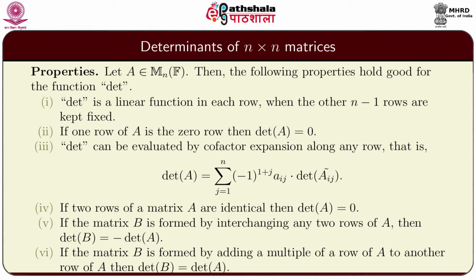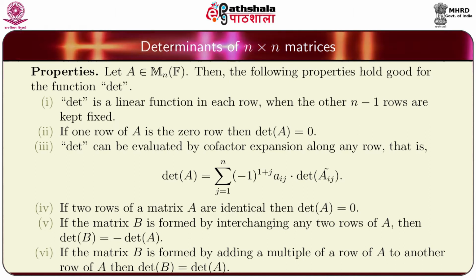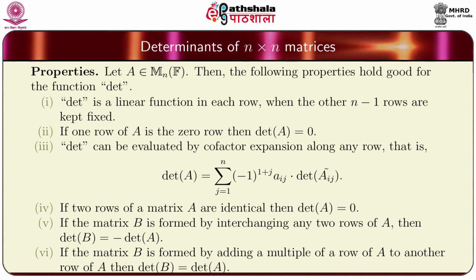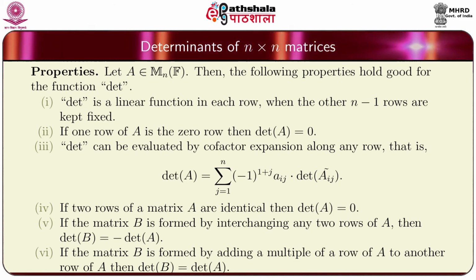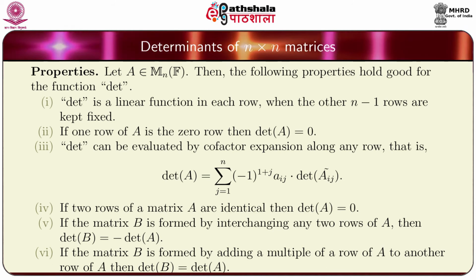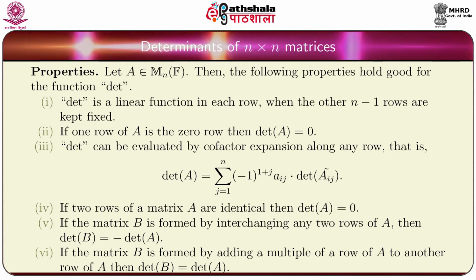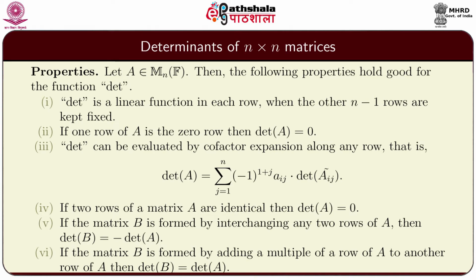So, what is interesting here is that the last two statements, that is statement 5 and statement 6, are talking about the value of the determinant when we apply elementary row operations on a matrix A. In one case we see that the determinant changes sign, and in the other case it remains unchanged.